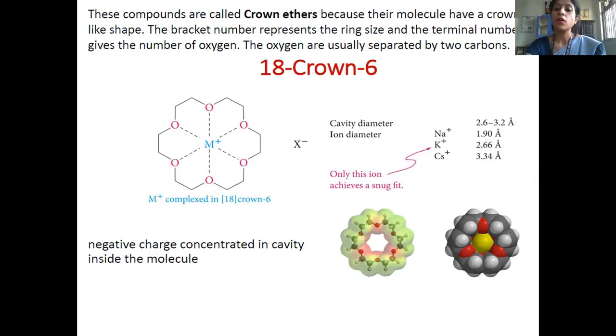You are asked which of these 3 will give the best fit with the 18-crown-6 molecule. You have to see which one matches the diameter of the cavity, which is 2.6 to 3.2. Among these, the potassium ion has the nearest matching diameter, that is 2.66 angstrom. So this ion will give the best fit.